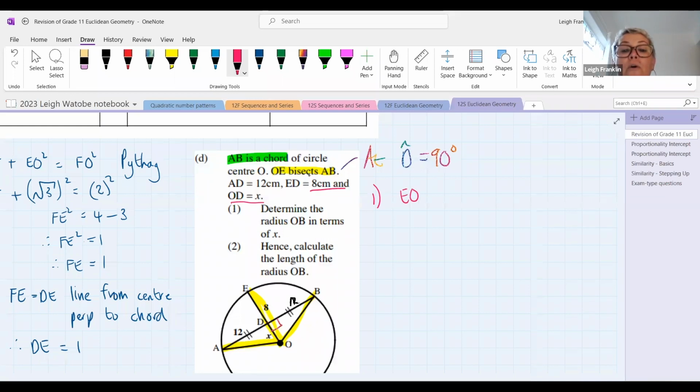So EO is equal to X plus 8. There is its length in terms of X. But EO is equal to BO because they are radii. So that means that BO or OB is also equal to X plus 8.